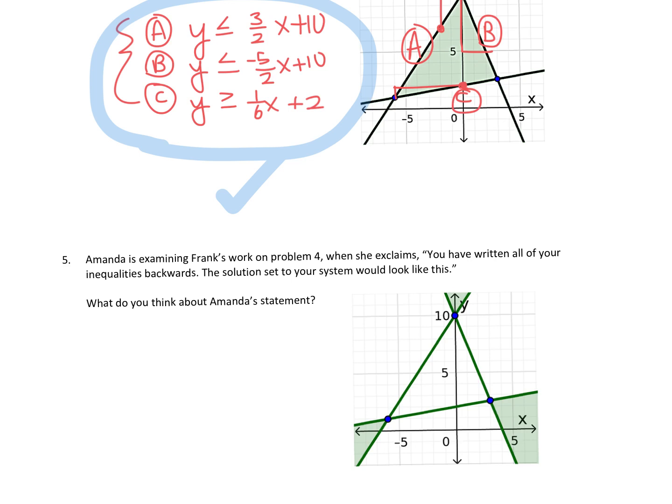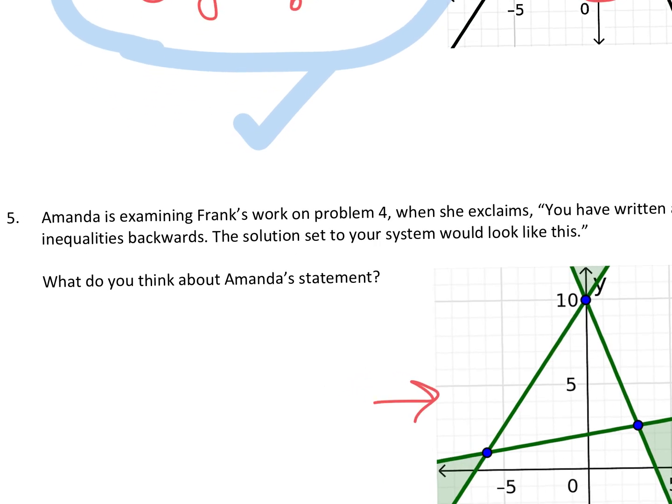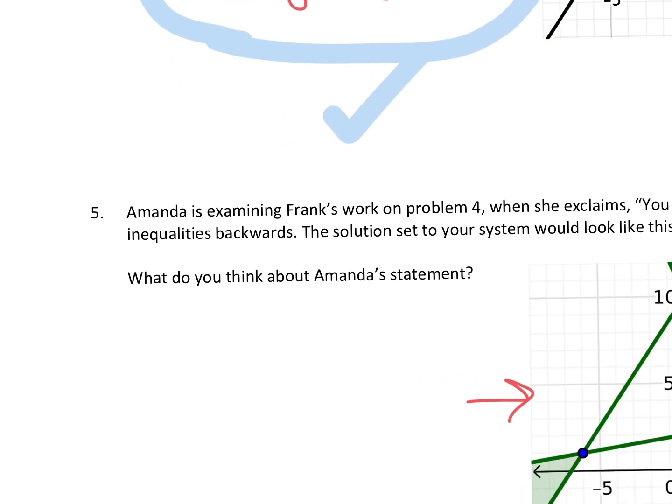So I think that her graph here is basically all the signs flipped. So I'm going to say she flipped all her signs.